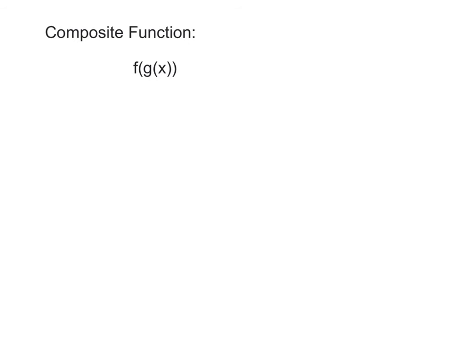Let me explain this via an example. So let's assume we have two functions, f of x, which is equal to x squared, and g of x, which is equal to x plus 1. So we have an f function and a g function. Let's assume that we want f of g of x. So I'm going to look, what is g of x?